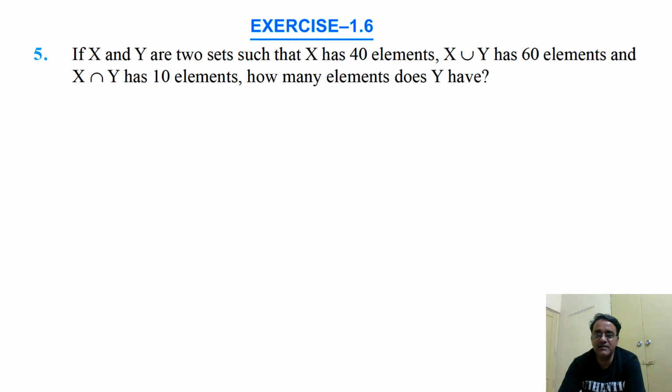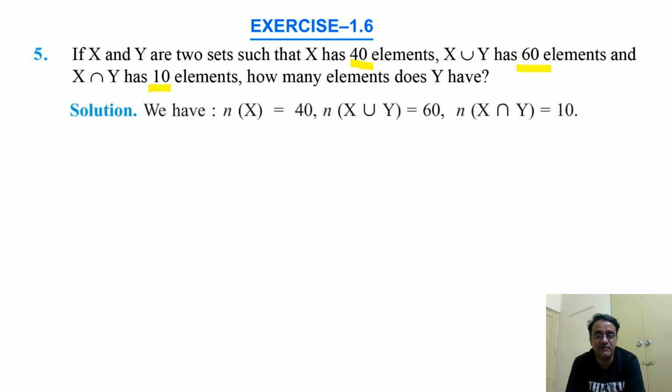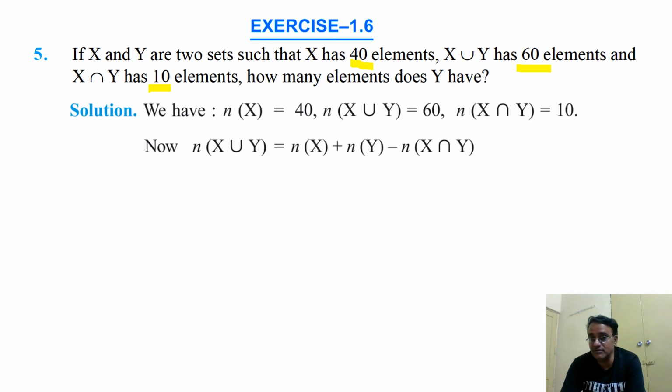N of X union Y is also given, that is 60, and N of X intersection Y is given, 10. So we'll write first what the given values are. Now we'll write the formula, and we are going to substitute the corresponding values.